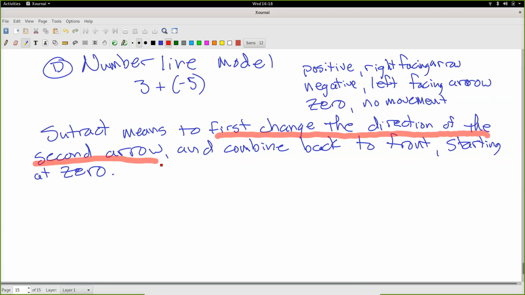There's another way to do it that's kind of fun with a car, where positive is to go forward with the front of the car, negative is to go backward, and subtract means turn the car around and do whatever the arrow says. So we can take a look at that in a sec too. So we need a number line.